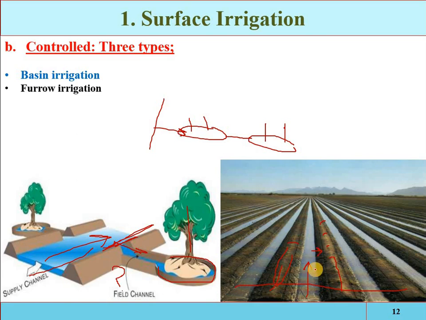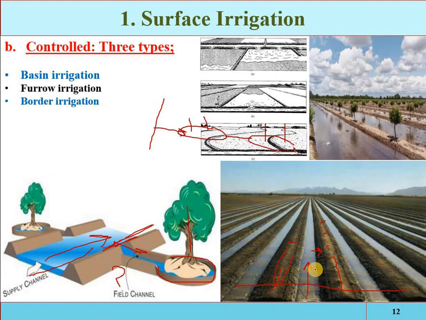So the water will be easily extracted. Again, this is a type of controlled surface irrigation. The third type is border irrigation. The main difference is that in border irrigation, the land is divided into wide borders or wide strips. Furrow irrigation is recommended for those crops which are sensitive to flooded water.